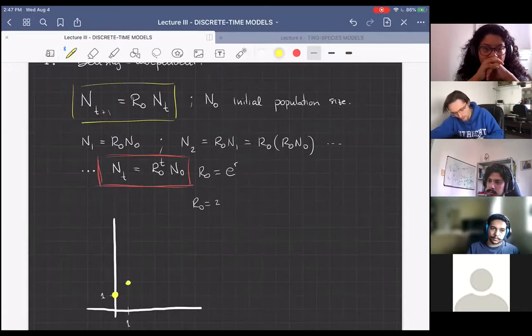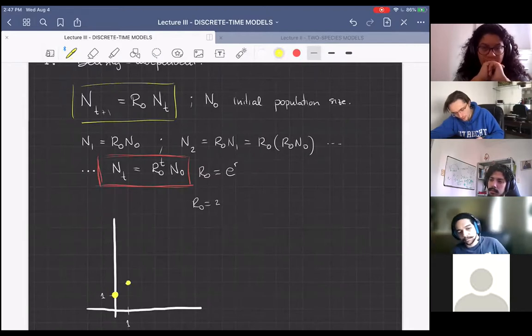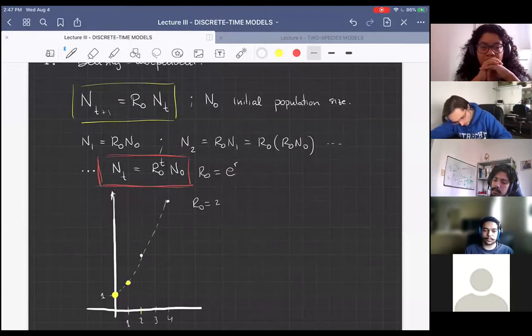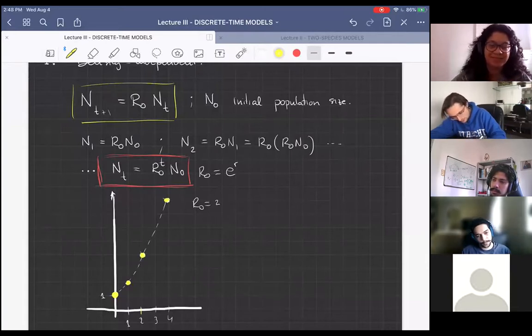I only have to say 1 times R0 to the power of t, which is 2. Then at time 2 it would be 4, and then something like 8 here. You can connect the dots, and you will see how our population size looks as a function of time.